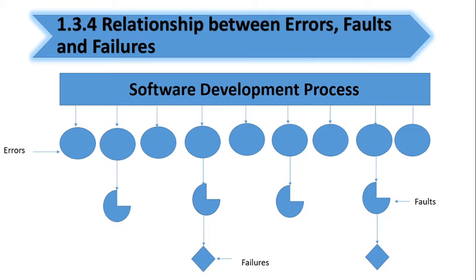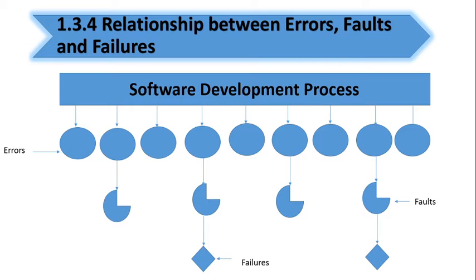In this diagram, the relationship between software errors, faults, and failures: the development process develops a total of 9 different software errors.